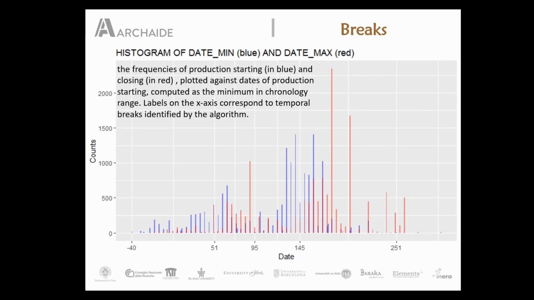This permits us to create a graph with the frequency of production, the opening of each workshop, and in red the moments of crisis, I can say, when the workshops closed.